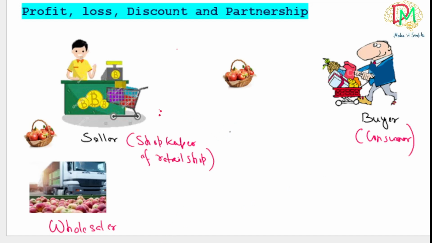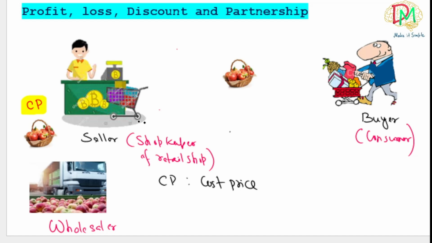The price at which the seller or the shopkeeper buys the product from the wholesaler is called the cost price. So what is the short form of cost price? CP, that is cost price.